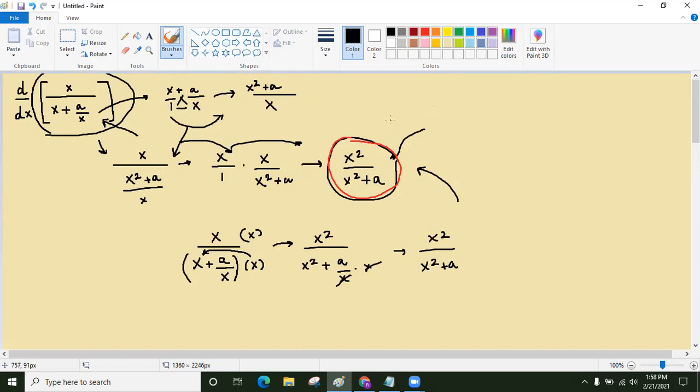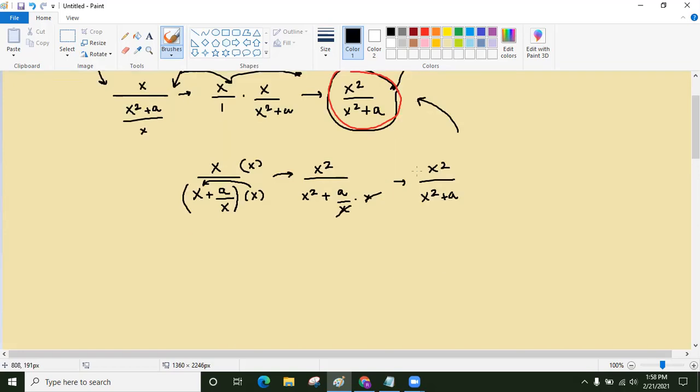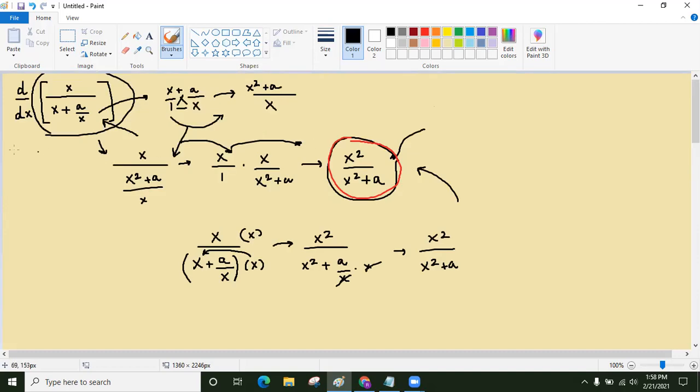So the thing you want to remember is that when you're looking at a complex derivative or a complex fraction, can we express the denominator or the numerator in a simpler form such that it becomes a question that we're more familiar with.